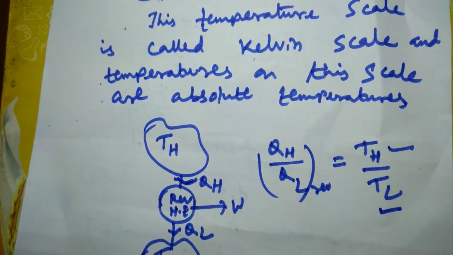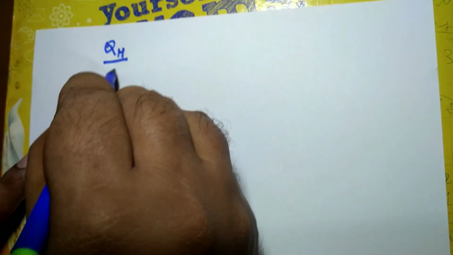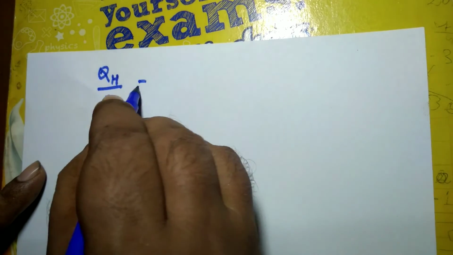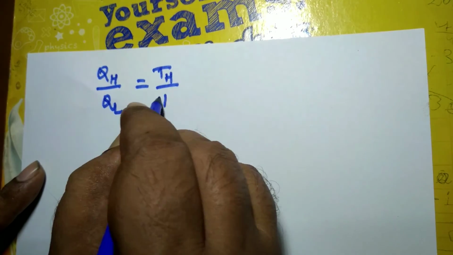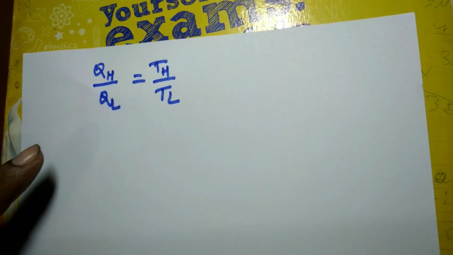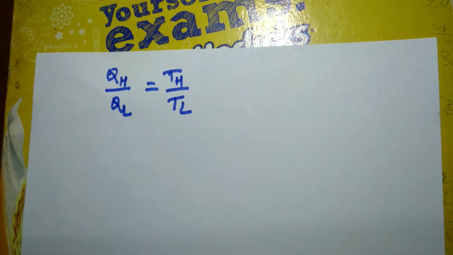So how to measure the temperature? That is an important question. So from the relation QH upon QL is equal to TH upon TL, how can we use this equation for temperature measurement? For that we need a reference point.